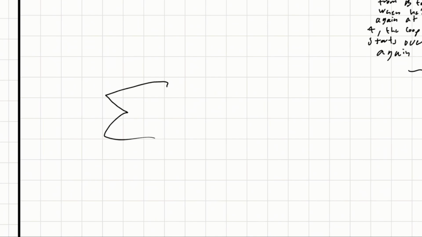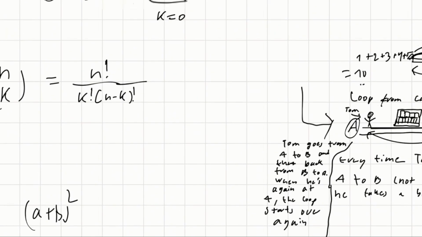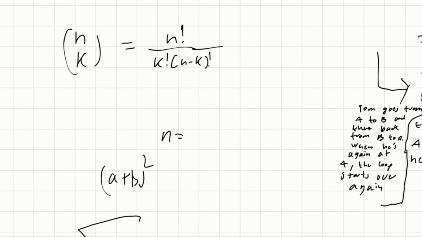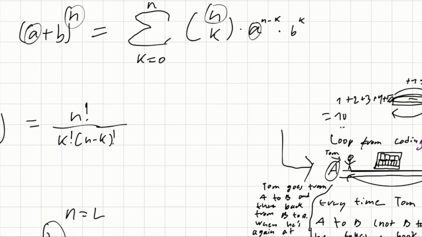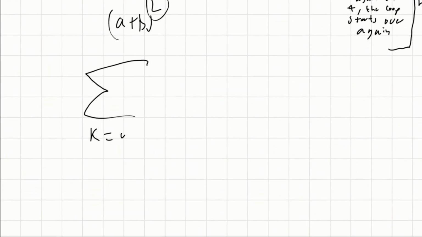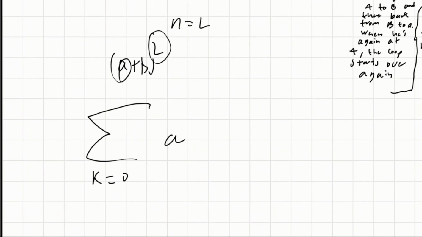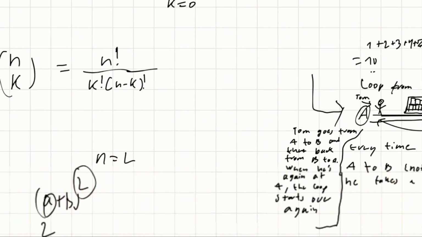So let's write the formula with an example. Let's start with our basic form, a plus b squared. So we know n equals 2 because this is our exponent. K equals 0. This is always defined. And a equals a, so a to the n minus k. We can write 2 here, right? Because this is the formula.